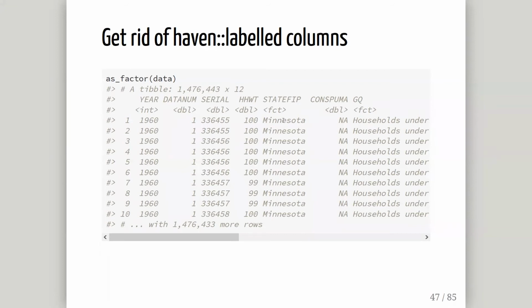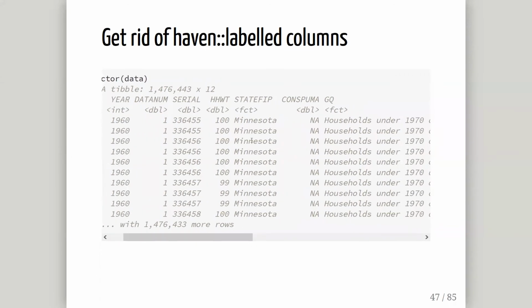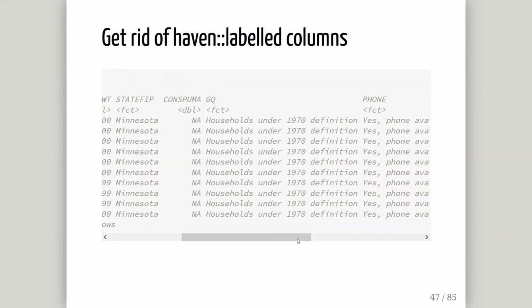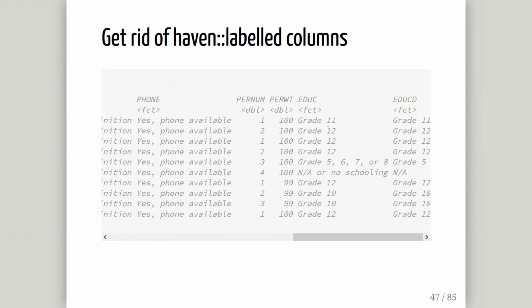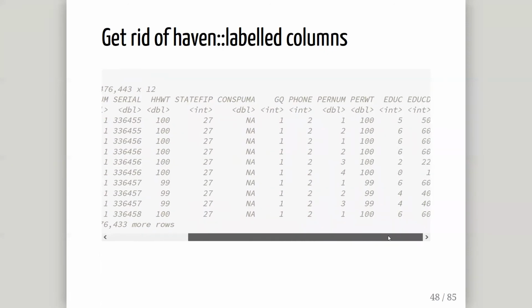And so what happens then is that you only get the labels themselves. So we don't see the 27 for Minnesota anymore. We just see Minnesota. We don't see these values, and like the education variable, all we see are the labels as factor levels. Another option, if you just want the numeric values that are part of these haven labeled columns, you can use this zap_labels function. And you can see here now we just have the numeric code and not the label.